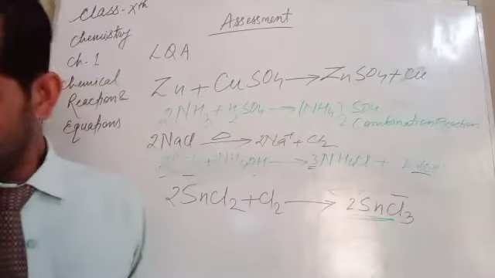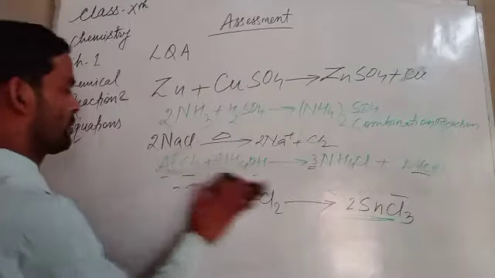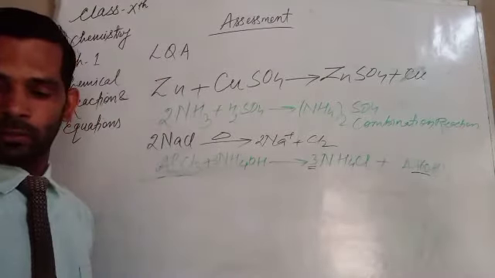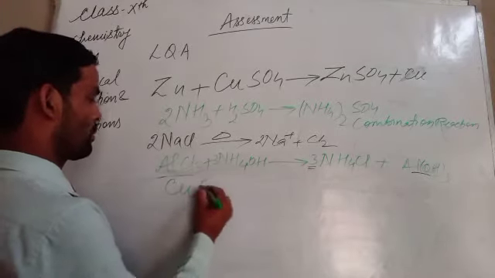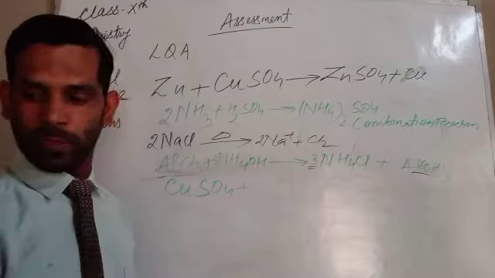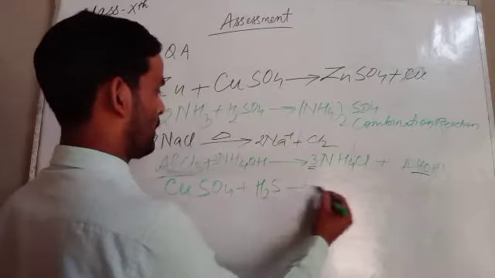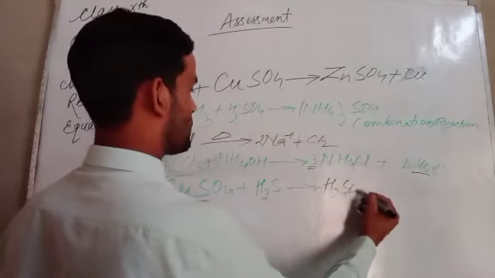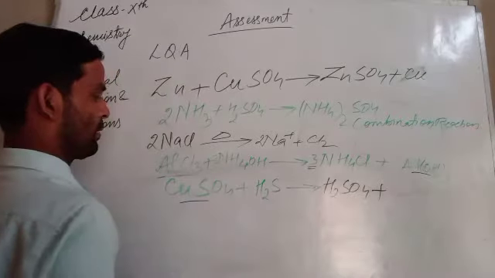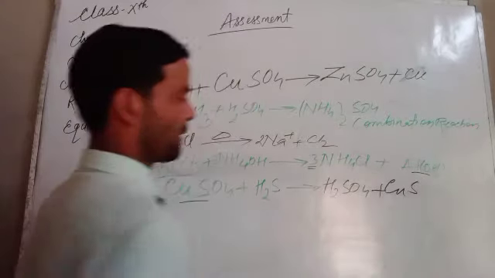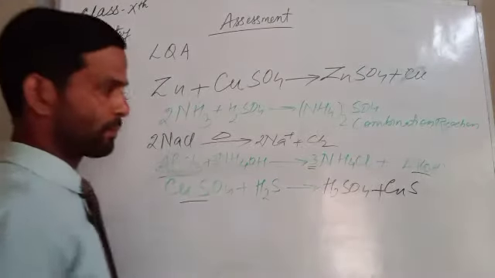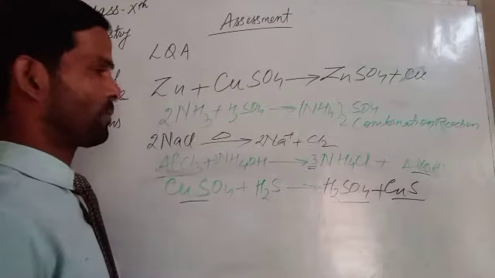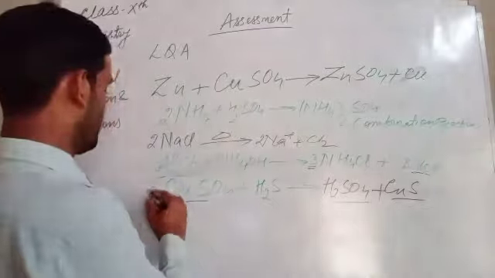Now the next one: copper sulfate plus H2S, hydrogen sulfide, will form H2SO4 plus CuS, copper sulfide. This is the equation.